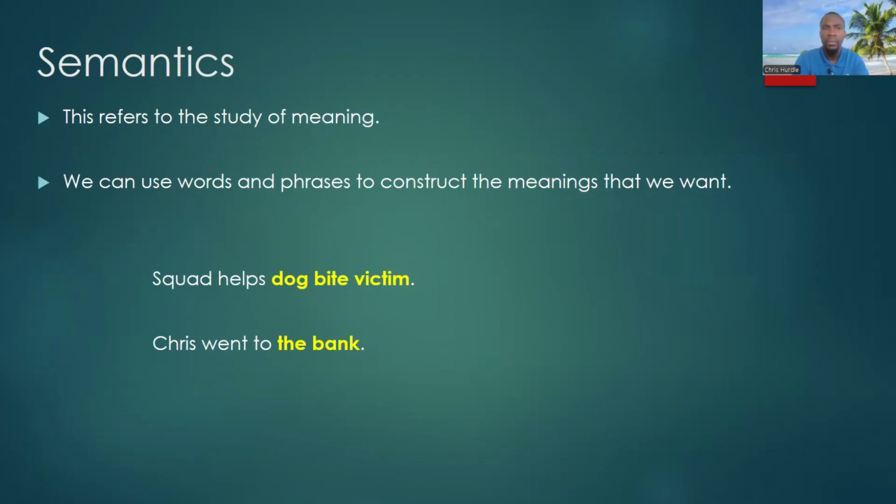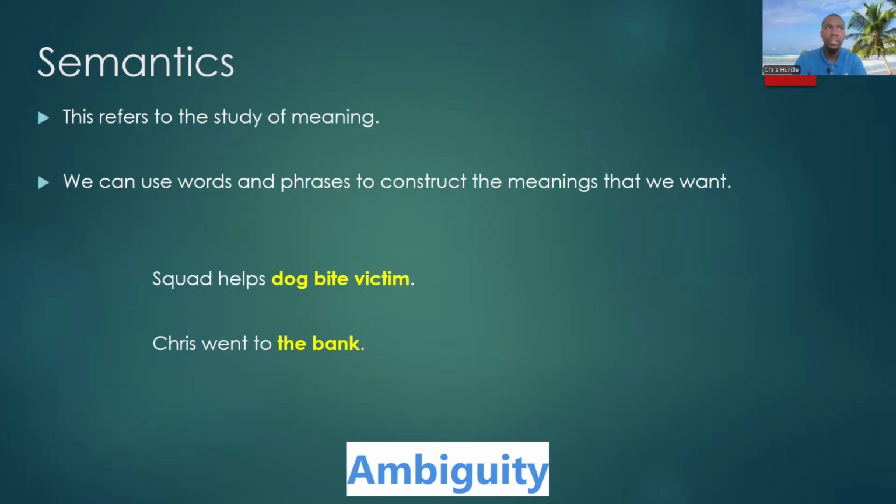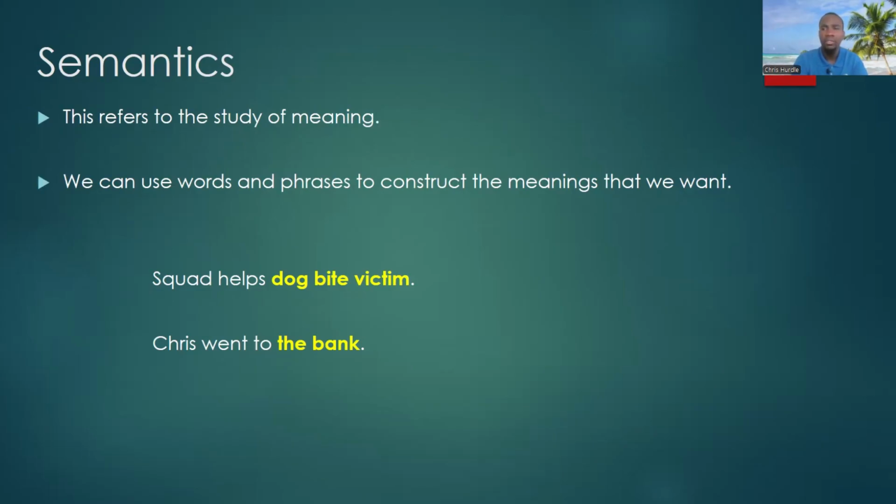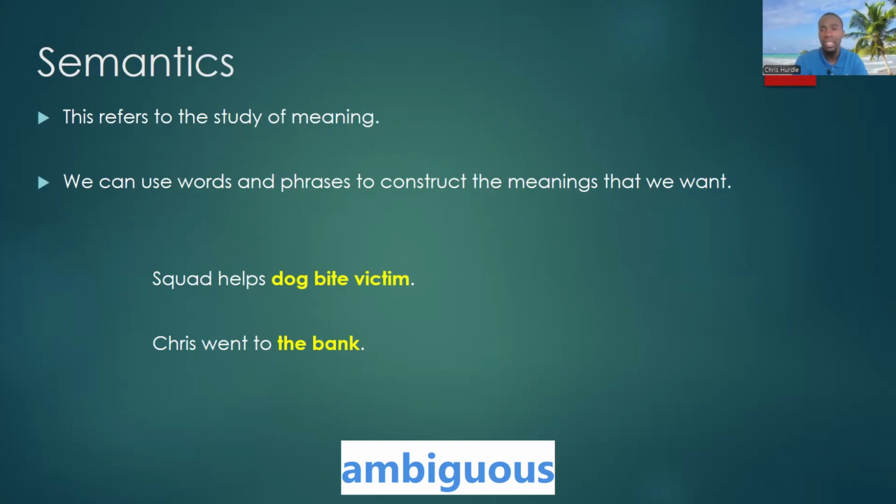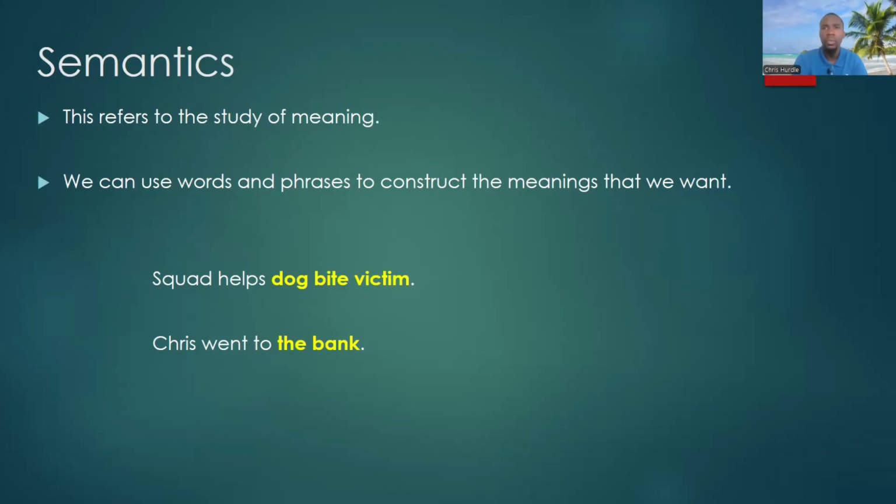And when it comes to semantics, the best example to explain semantics would be ambiguity, which is the characteristic of having more than one interpretation, right? So if we say something is ambiguous, a sentence, a word, what have you, we mean that there can be more than one interpretation, all right?